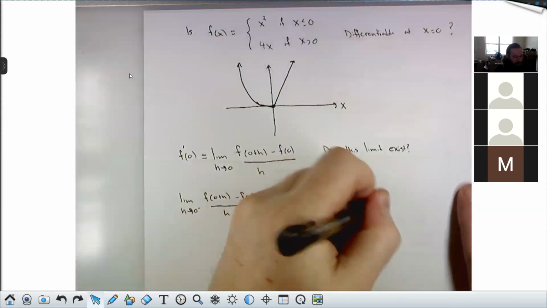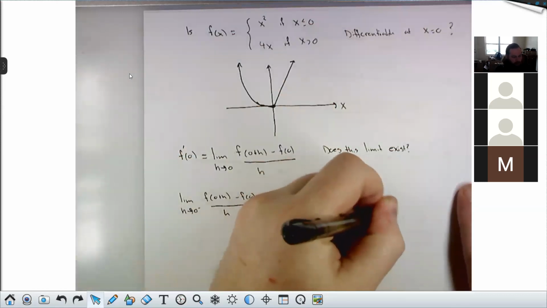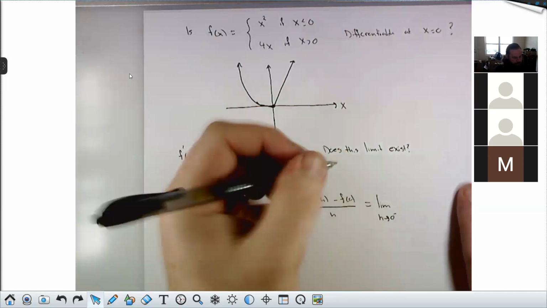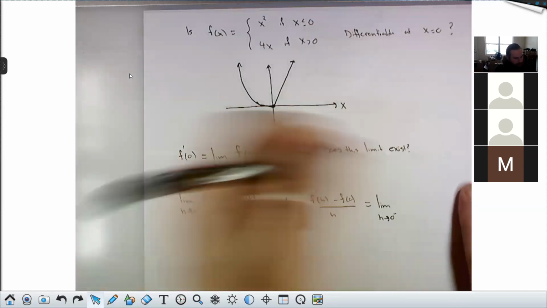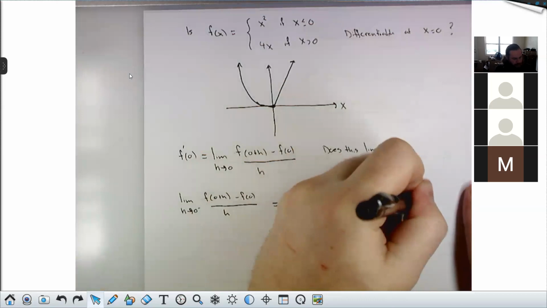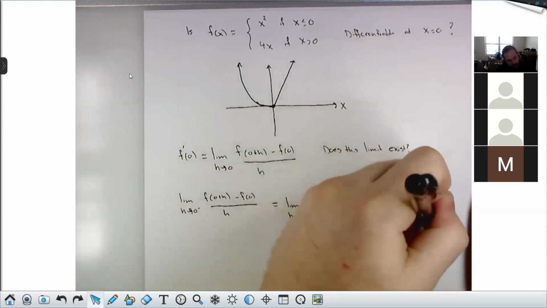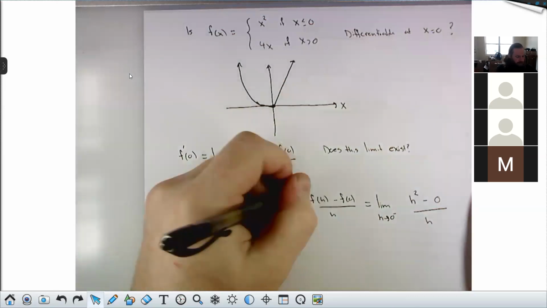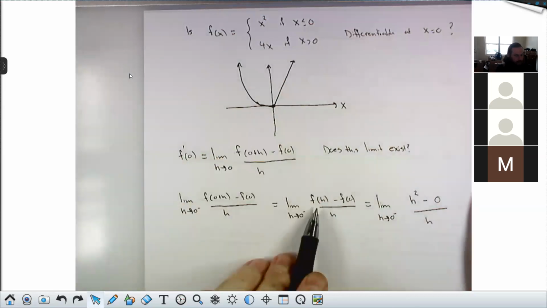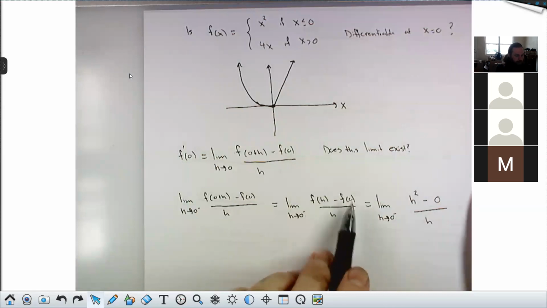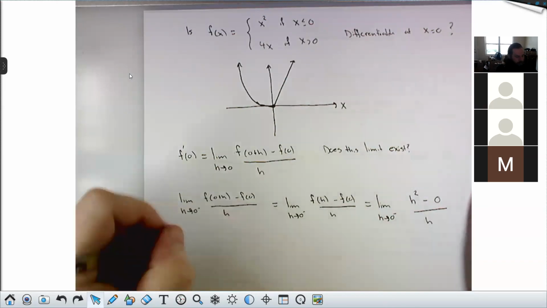So this limit is the limit as h goes to 0 from the left of h squared minus 0 over h, right? This piece would be h squared because h is to the left of 0. This piece is 0 because f of 0 is 0. And the h downstairs is just the h downstairs.